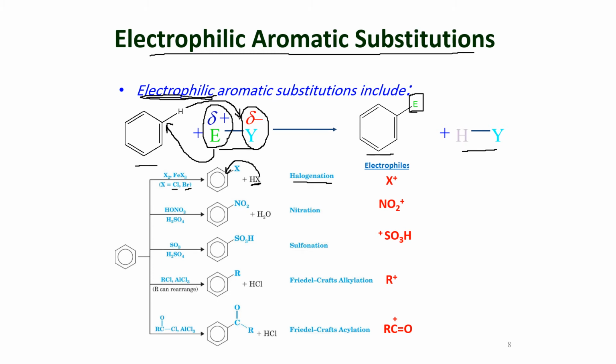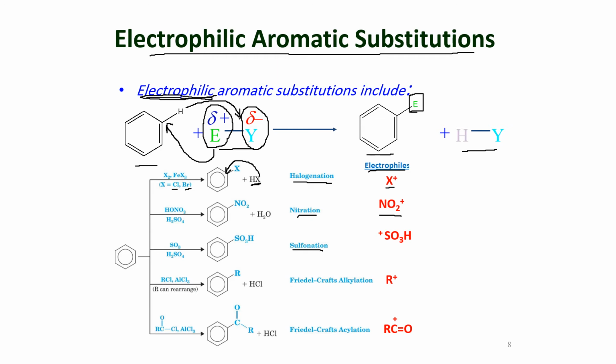In this column, we have written the electrophiles, basically the species that like electrons. For halogenation reactions, it will be X positive. For nitration, it is going to be NO2 positive that will attach to the aromatic compound. For sulfonation, it is the SO3 positive group.